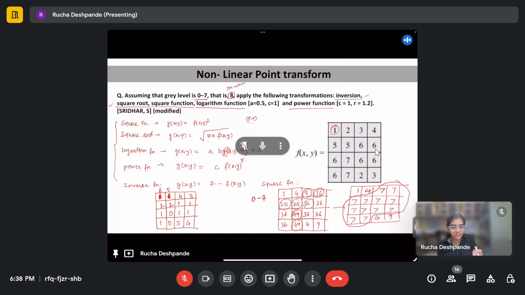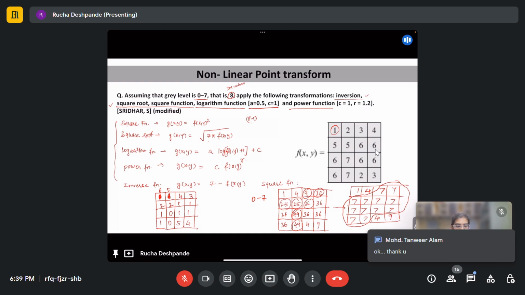Okay, A and C is given in the question itself here. So it can be anything. I mean, A and C can be any constants. So depending on the values of A and C, your log function will change. So based on your function, your image transformation will appear different.